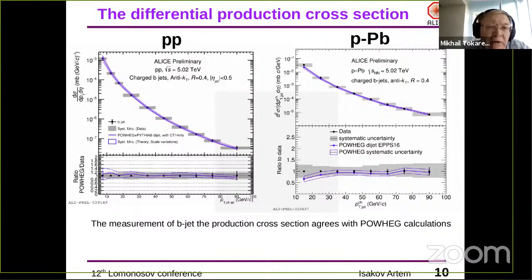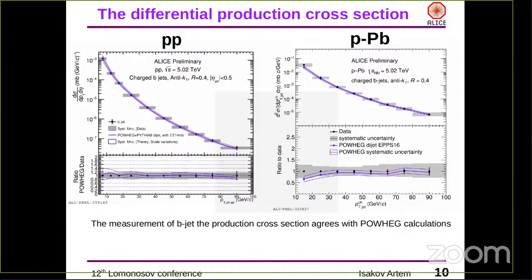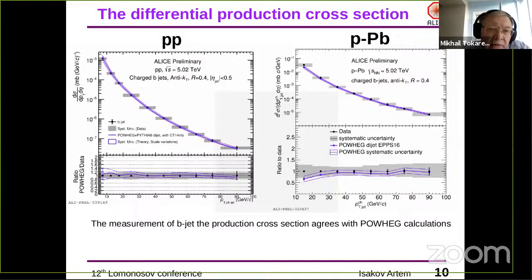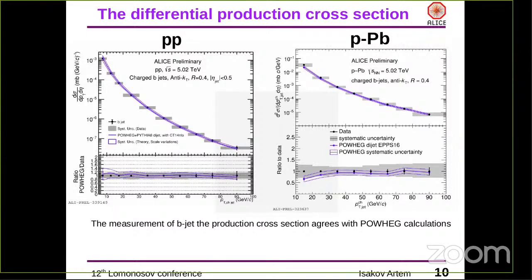Okay. But it's interesting, the shape of the jet. It's independent of the charge, because maybe there is some specific of jet production with b quarks or u or d quarks or c quarks. I mean, actually, I do not have a comparison between charged and full jet production cross-section.